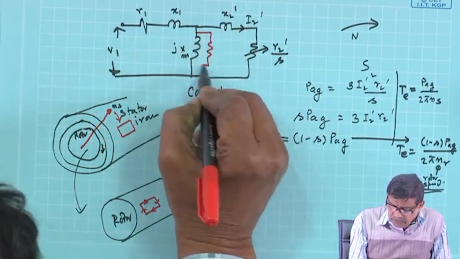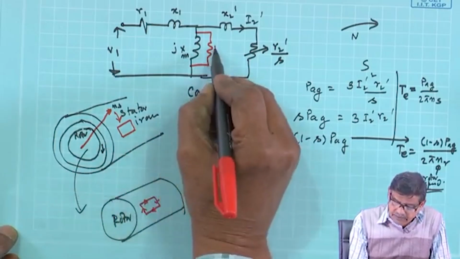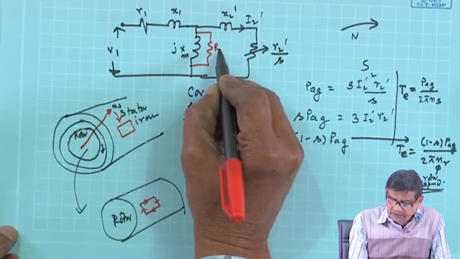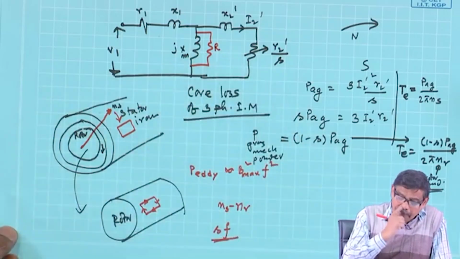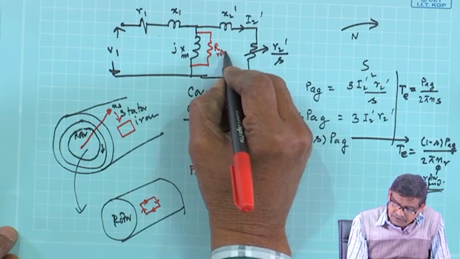So, if you want to further improve upon this equivalent circuit, you can write here one resistance which is called rotational loss.